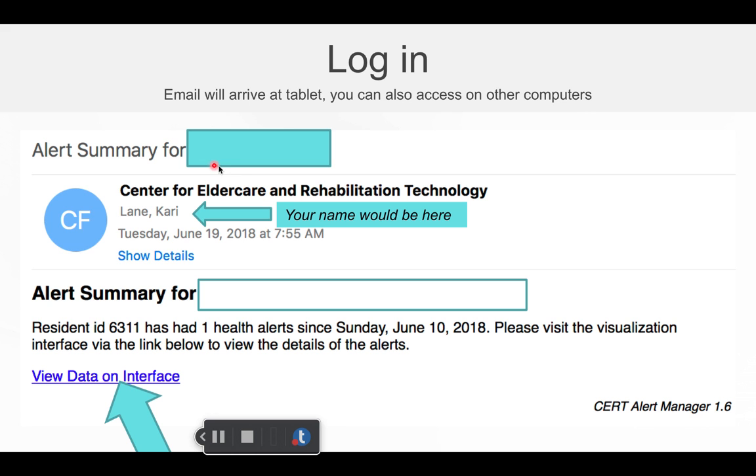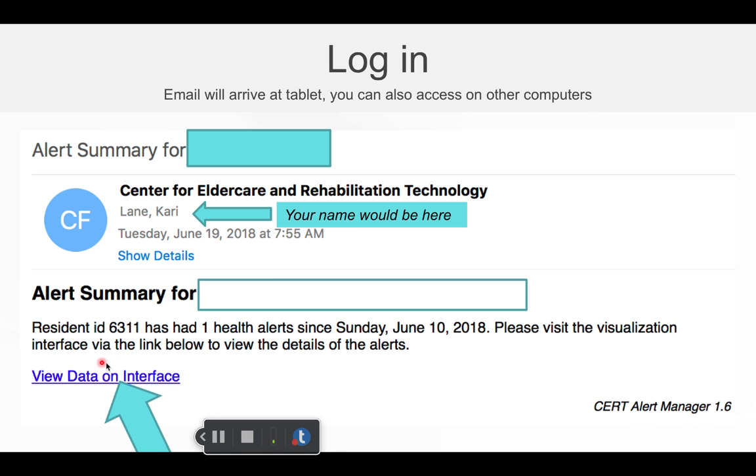Typically, this is a research ID number, and there's also a list of who that corresponds to near the tablet. Your name is in here because the email was sent to you. And again, the residence ID code is here, and then there's a description of what the alert was related to.